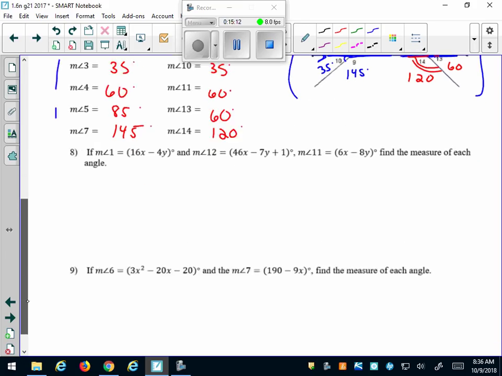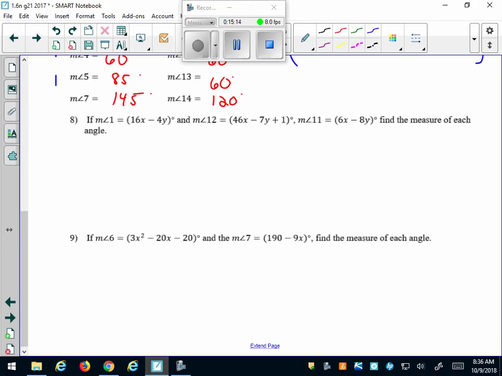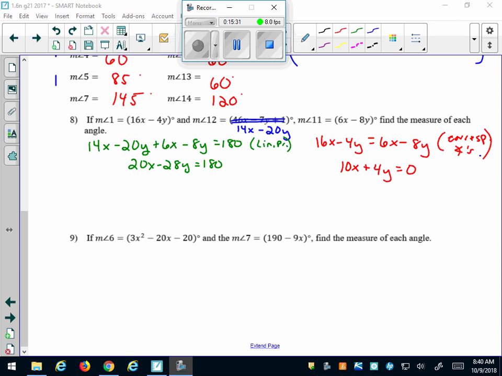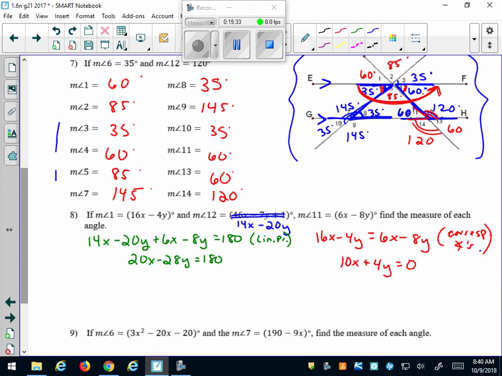Okay, all right, so numbers 8 and 9 are going to be solved using that same diagram, but with some algebra. I had to change this to match yours.